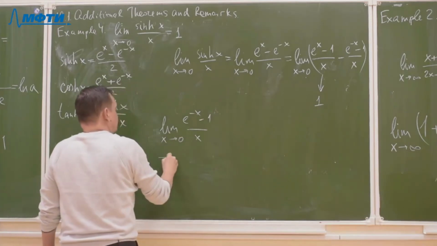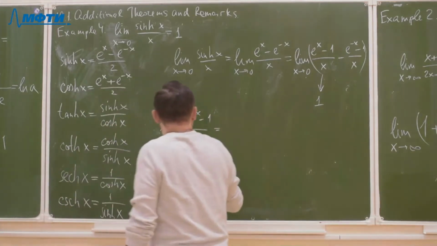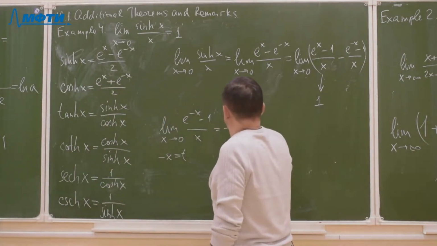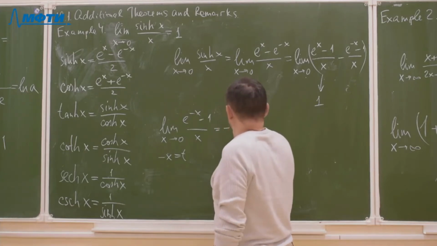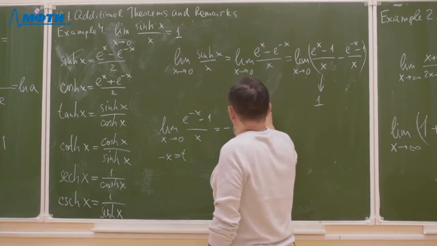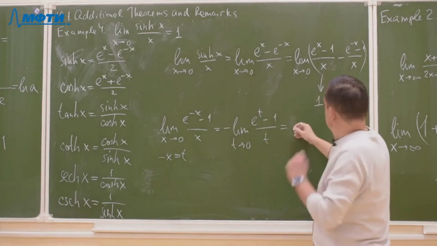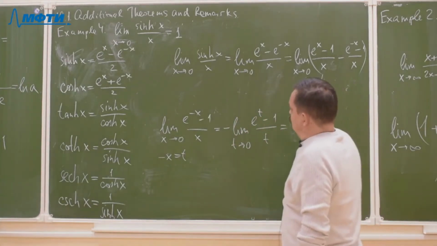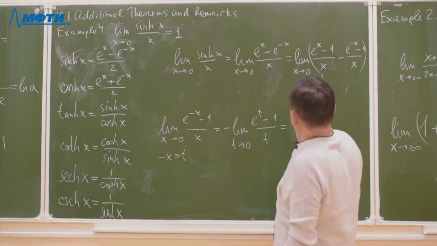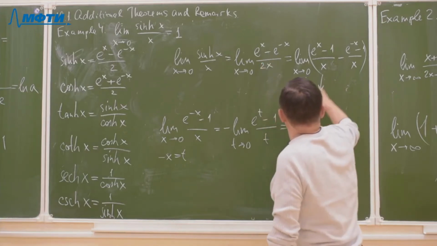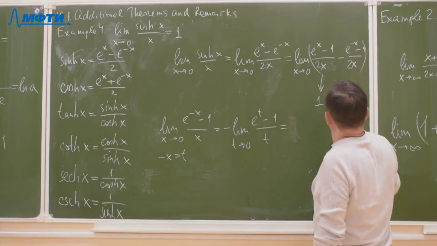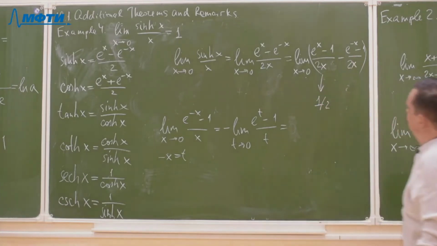We can denote minus x as t, then this is minus the limit, and t tends to 0 as well, of (e to the power t minus 1) over t, and that is again 1. I forgot about the 2 right here, so that is 1/2.